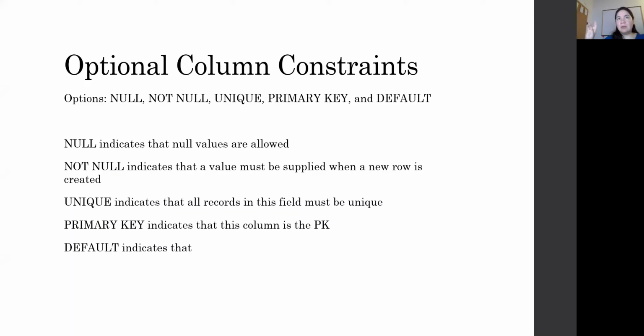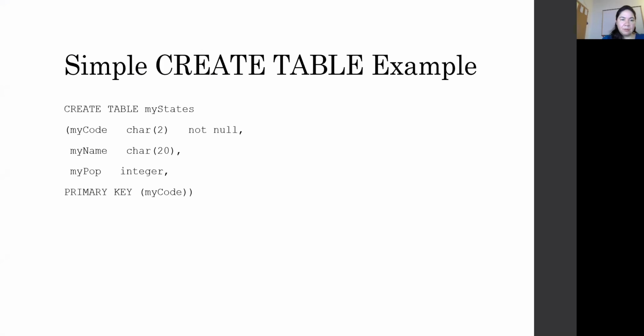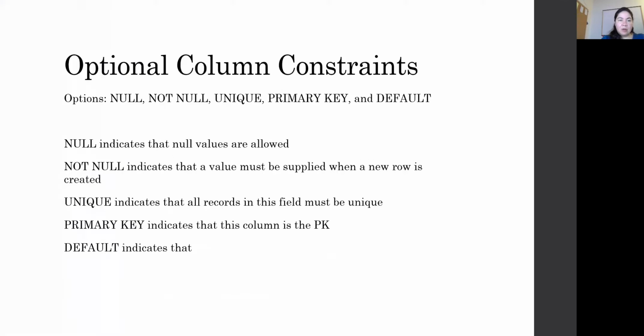So in our original query, let me pop back. We had the attribute, we had our data type, and then we have the not null, which was in one of them, not in the other. So you can see it's optional. It was one of these optional data constraints. So the textbook had these ones listed: null, not null, unique, primary key, and default.